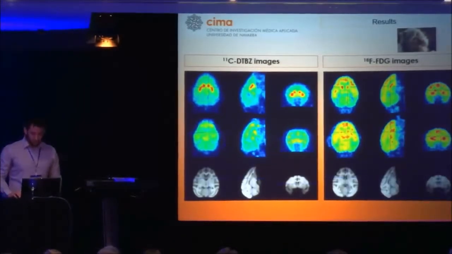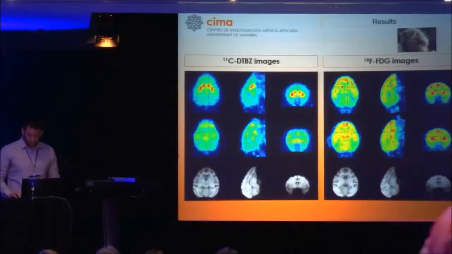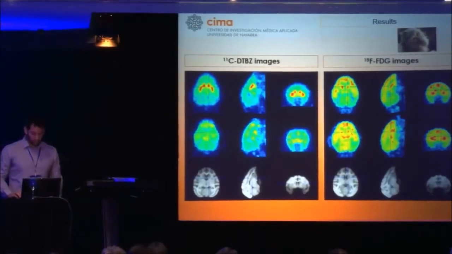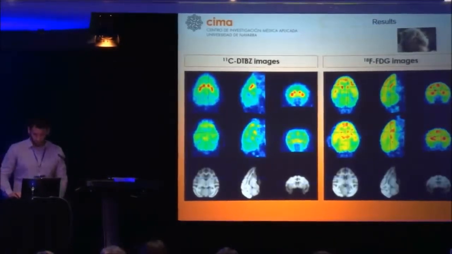The upper line represents the baseline state, and in the middle you can see the corresponding images to the Parkinsonian stage. Dihydrotetrabenazine images were processed to obtain parametric images of the binding potential, and fluorodeoxyglucose images were compared within groups using voxel-based statistical parametric mapping software.